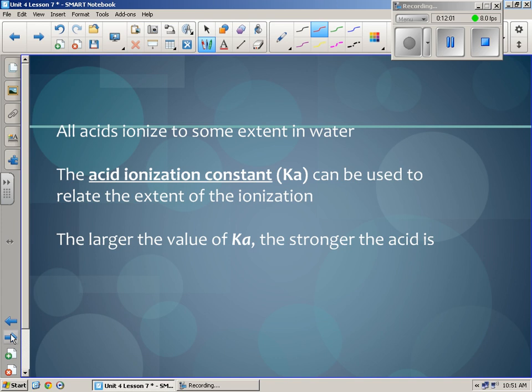And then we start to go down, and the Ka values get smaller and smaller, which means they break up less and less and less and less. Remember, Ka is the percentage that's been turned into the number so that you can actually use it. Okay, so we don't have to change it, from 99% to 0.99, for example. That's what Ka values have done. They've already put it into decimal form for you. Okay, so as you start to go down and down and down here, they get weaker and weaker.